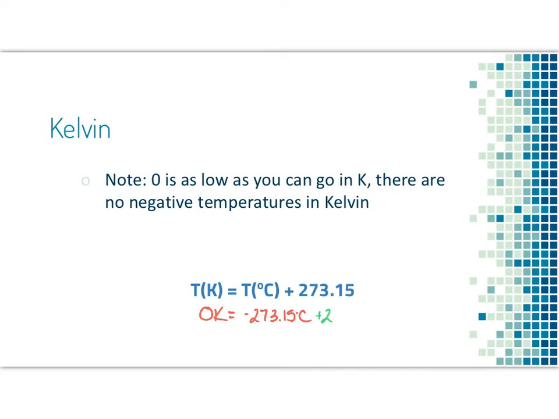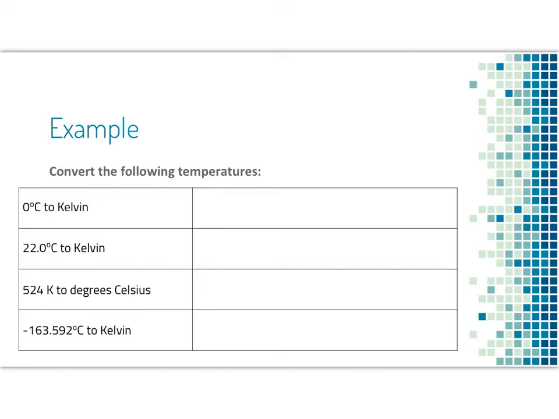Therefore, they just needed to add 273.15 to it. Note that there is a formula sheet available on our website. I have posted it on the homepage just underneath where you would find your periodic table. So let's convert the following temperatures. Remember again, the temperature in Kelvin is equal to the temperature in degrees Celsius plus 273.15.